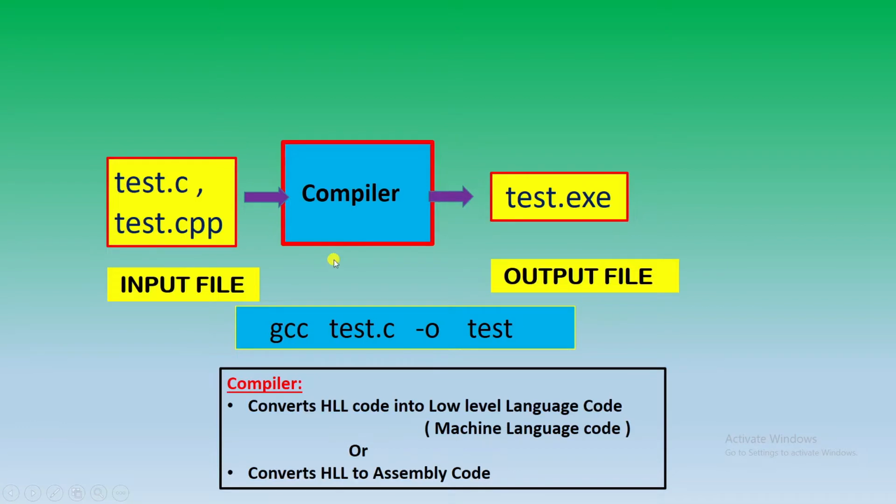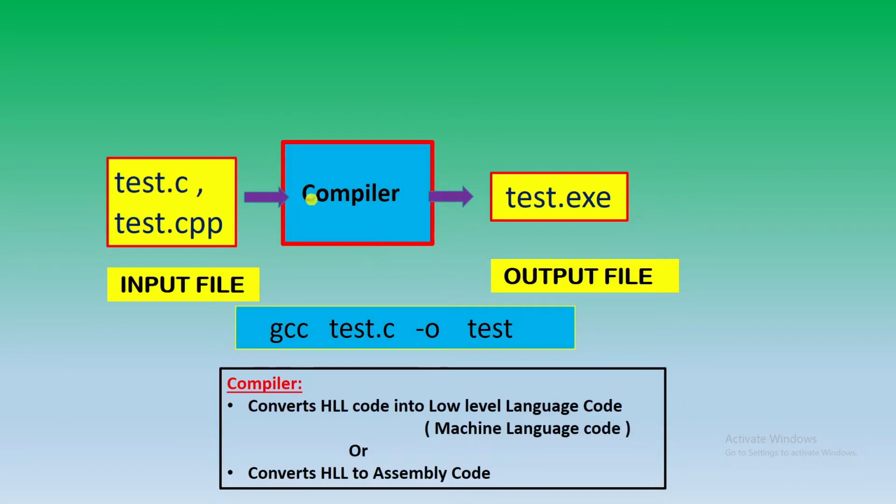Basically, a compiler is a software or a program, or you can say a translator, which converts or translates a program written in a high level language into machine language code or low level language code. This low level language code is called the executable file. Let's say you have written a program in C language, and now if you want to find the output of that program, the compiler will first convert this program into some format which can be understood by your computer or your CPU, so that you can see the output.